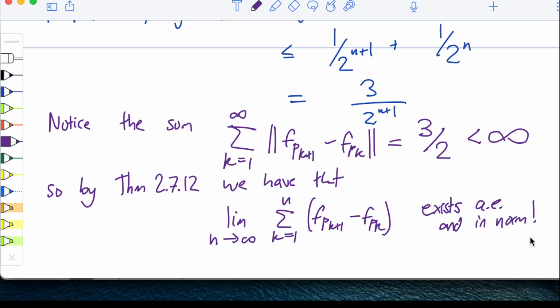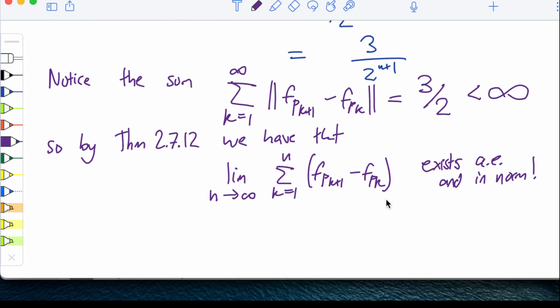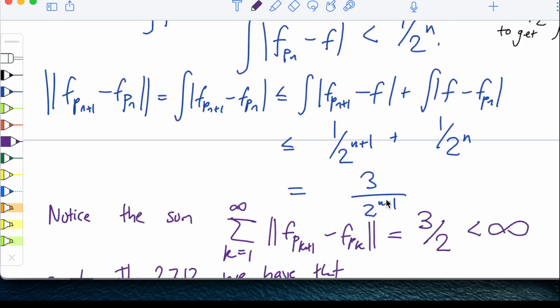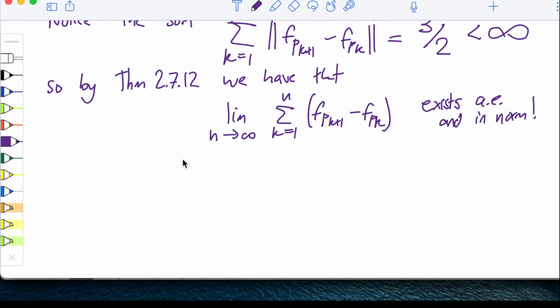Right? So we have our superpower, an absolutely summable sequence. And this sum, the sum from k equals 1 to n of fpk plus 1 minus fpk, is exactly what I wrote in the dream, right? It's fp0 plus fp1 minus fp0 plus fp2 minus fp1. That's exactly fpk. So this is equal to the limit as n goes to infinity of fpn. So you add up these things, you subtract them, you get fpn.